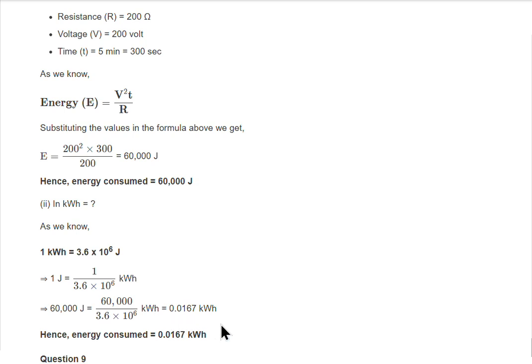You may feel that with a big number it is hard to divide, but more digits actually make it easy, because only one or two times we need to multiply and check. We only need to place one decimal point, so it will be easy. So the answer is 0.0167 kilowatt hour.